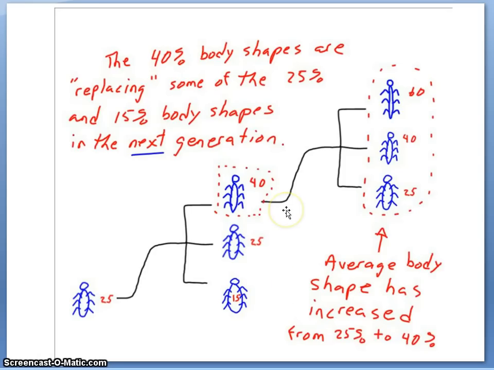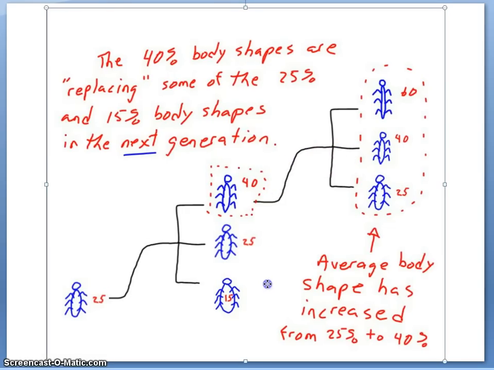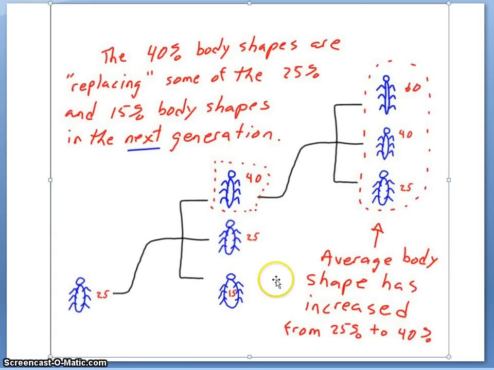This means the 40%ers are going to, on average, have more babies. And because they are the ones having more babies than the 25 and the 15%ers, we can think of them as substituting their offspring in the next generation for the offspring of these other individuals that would have been around had there been no predators in the environment.